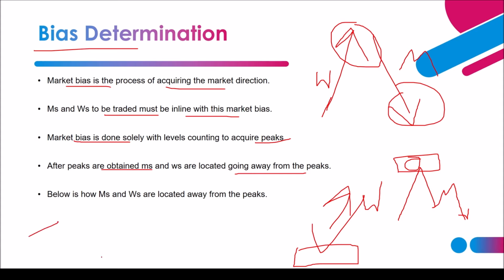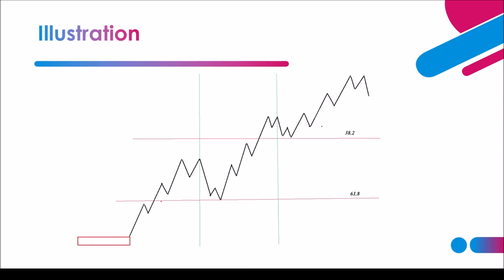Below is how M's and W's are located from peaks. In this case, we have this setup. I've illustrated it on the M15 time frame. We call a day of rise a level, and if you want to learn more about levels, we have an advanced course that goes into depth on how to count them. For one H1 level, or one day of rise, we expect to see three M15 levels, or segments of that H1 level.